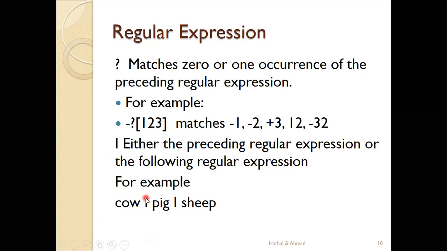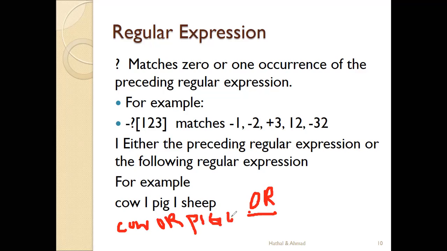It is also called the OR operator. It acts as the word OR in the English language. So using the vertical line operator, we can say it is the cow or the pig or the sheep.